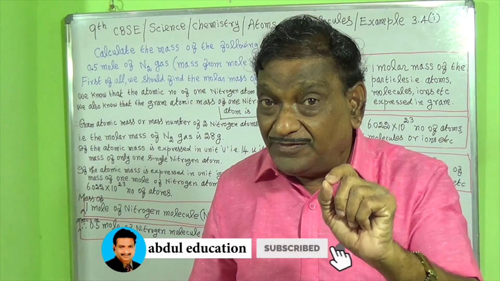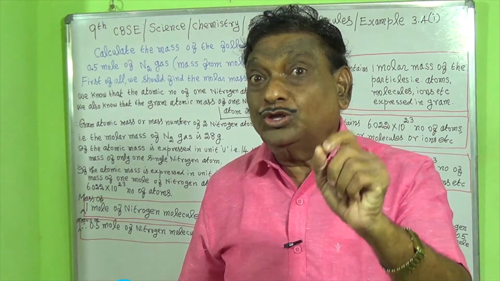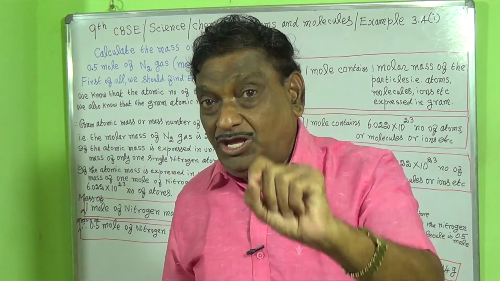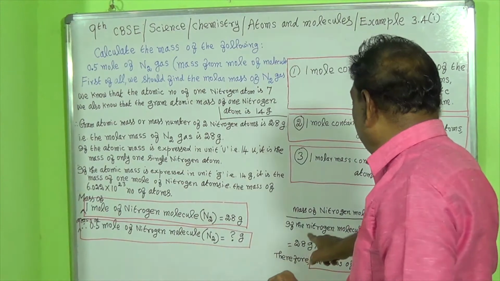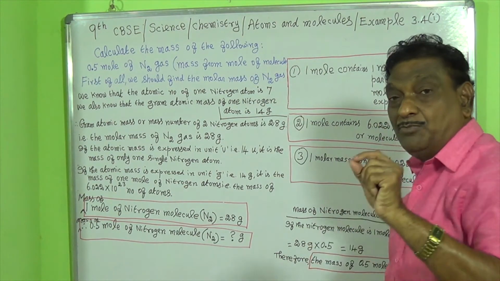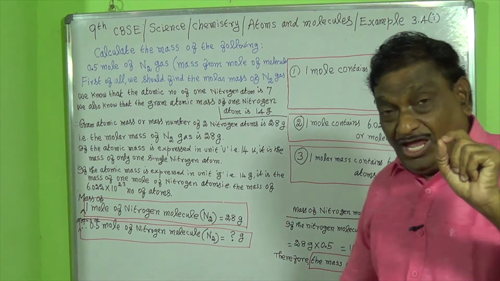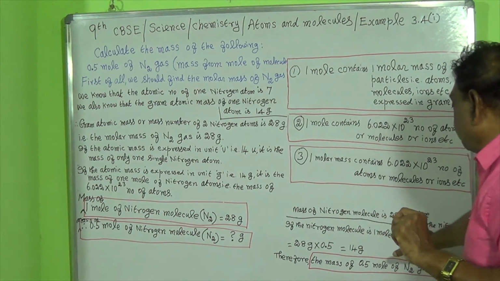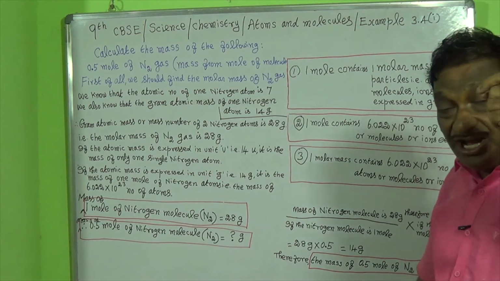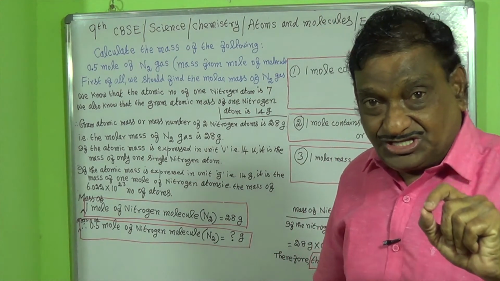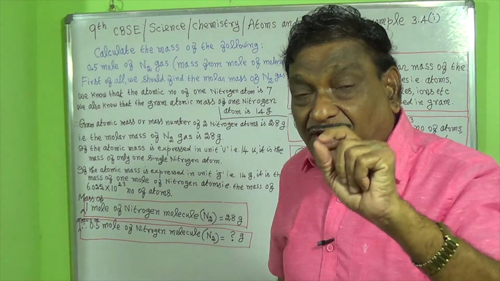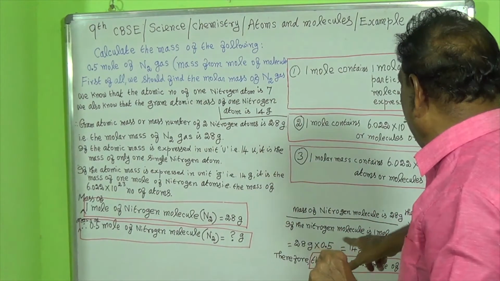We have to find the mass, so the mass should be placed in the numerator. That is, the mass of nitrogen molecule should be placed in the numerator, and its relation, that is, the mole should be written in the denominator.